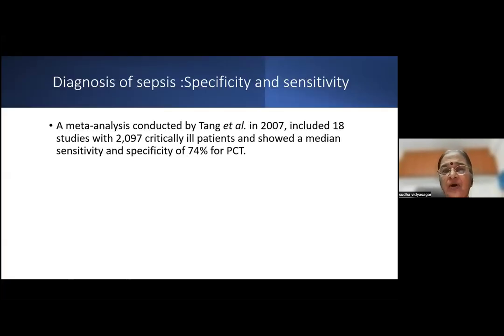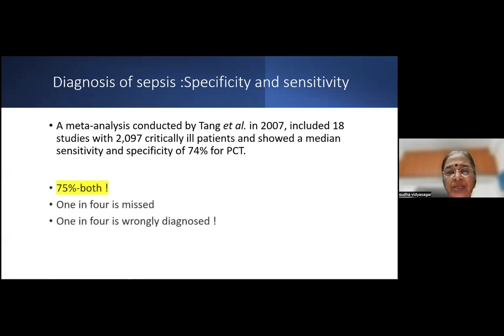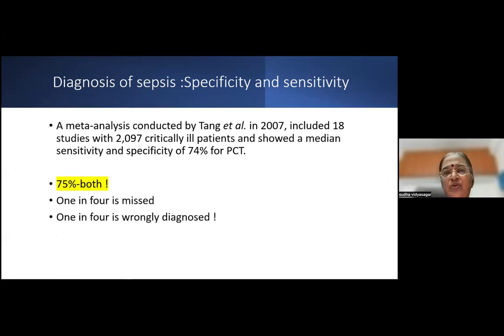Meta-analysis of so many studies showed that the specificity and sensitivity of procalcitonin is 74%. Now, what does that mean? Let's say 75, just to round it off. 1 in 4 cases of sepsis, or infection, is missed by procalcitonin. 1 in 4 is wrongly diagnosed.